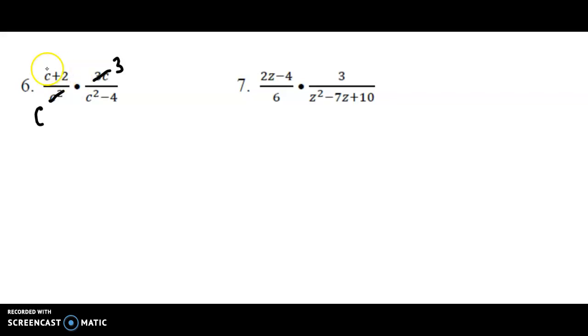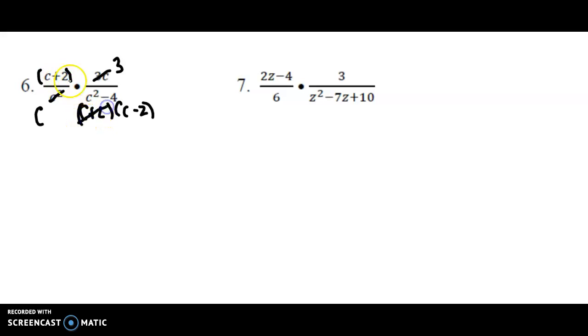So c plus 2 is prime. It's already factored, but I'm going to put it in parentheses because they are a binomial, so they're together. C squared minus 4 is a difference of 2 squares, so I'm going to get c plus 2 and c minus 2. And now if I look closely at my diagonal, I have a common factor of c plus 2.